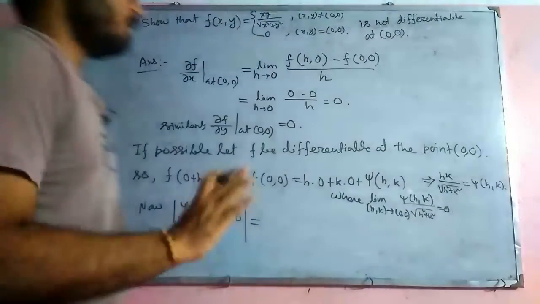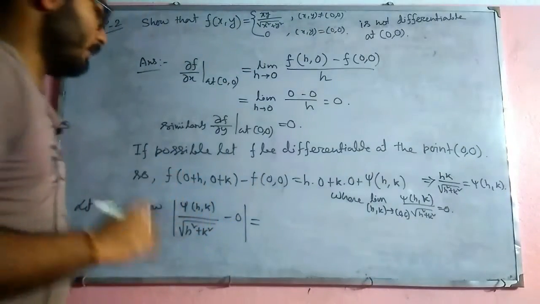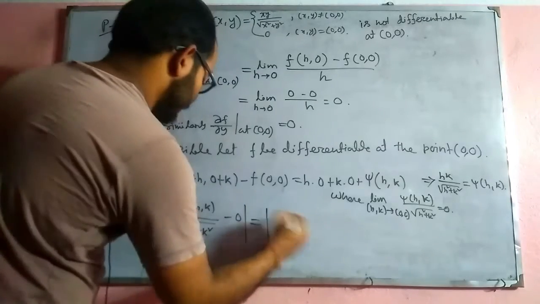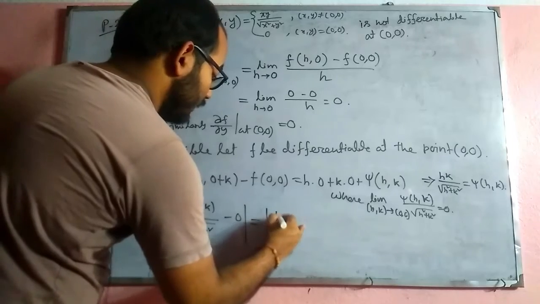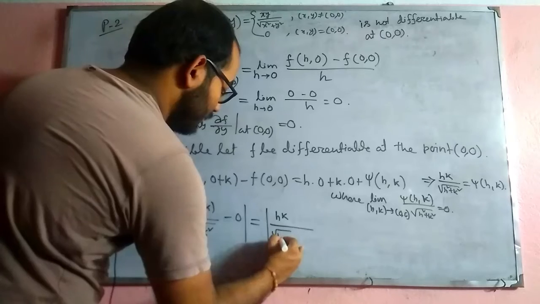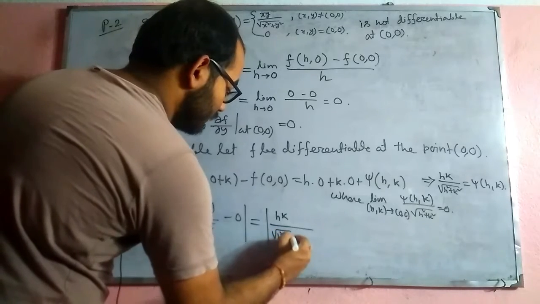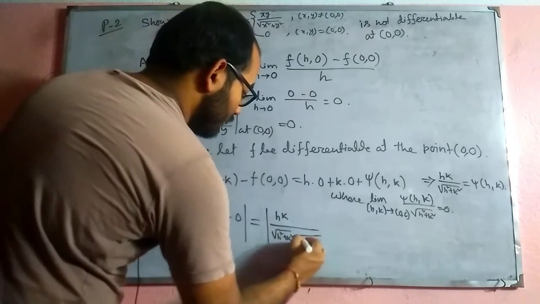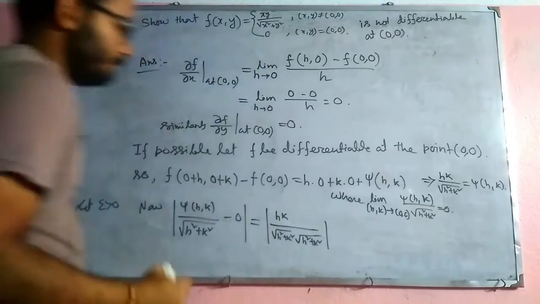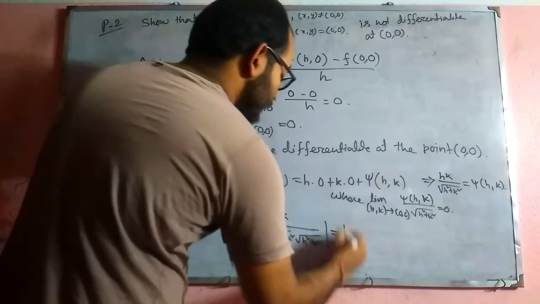Okay, this is psi of h comma k. So this is h k by root over h square plus k square.